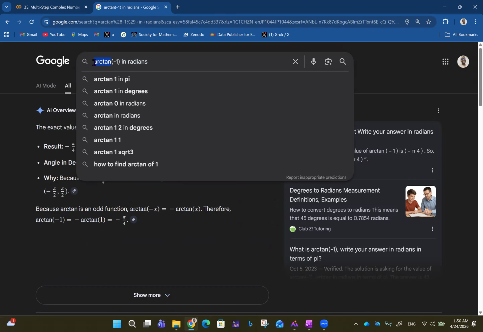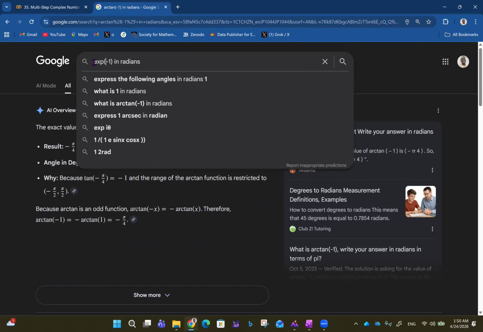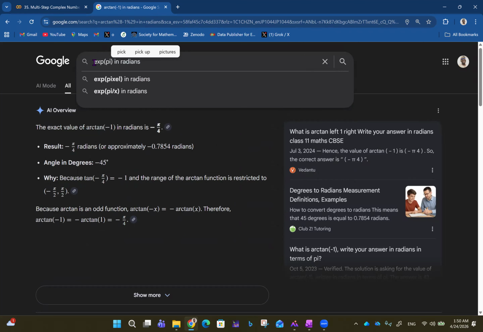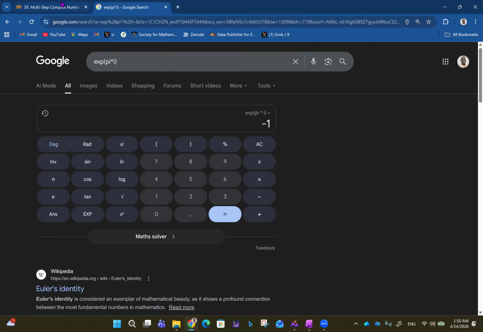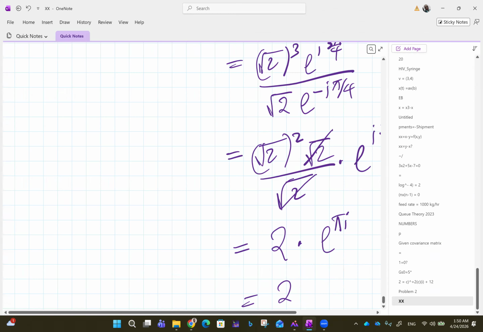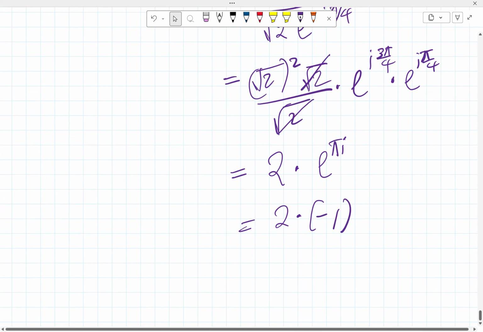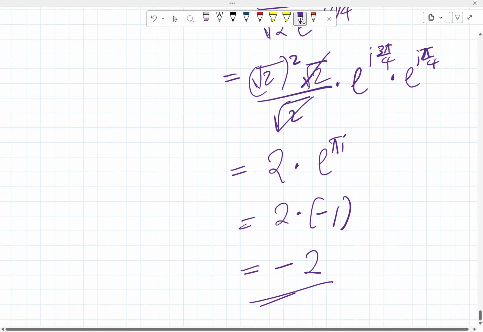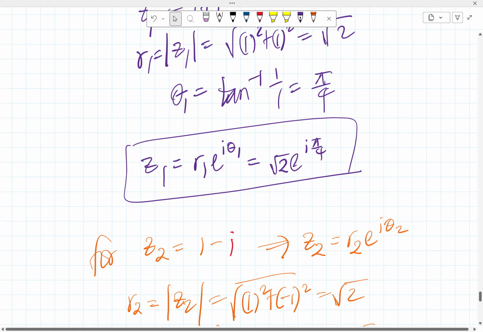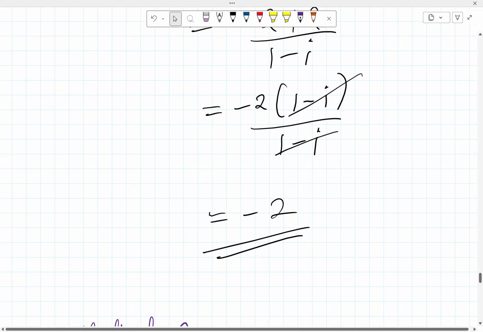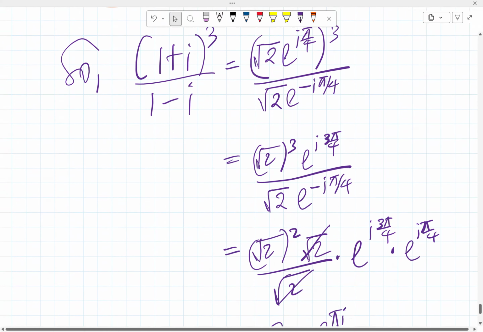Exponent of pi i is actually minus 1. Good. So we have 2 times minus 1, and that is equal to minus 2. Exactly what we got before. But it looks like the first method works better. It's faster, actually.